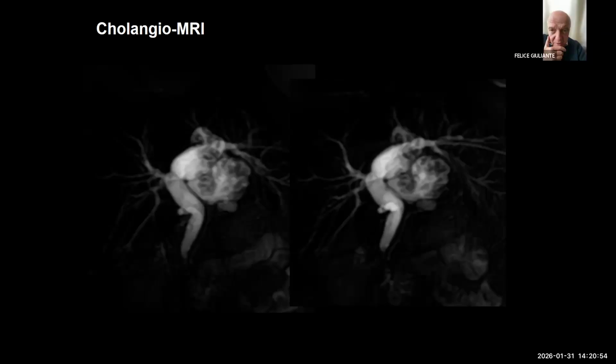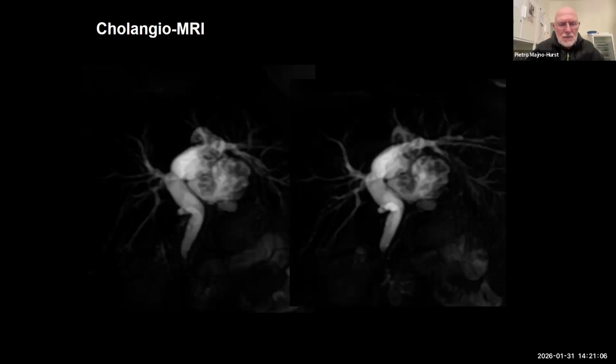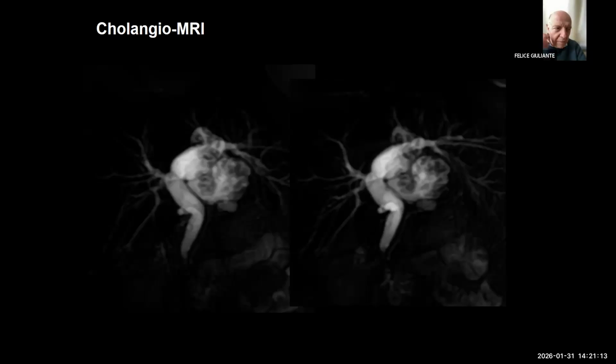Yes, of course. I had the plan to take off also the caudate. At least the caudate on the left, segment 1 on the left. Yes, because we say that there is no segment 9 here. I agree.